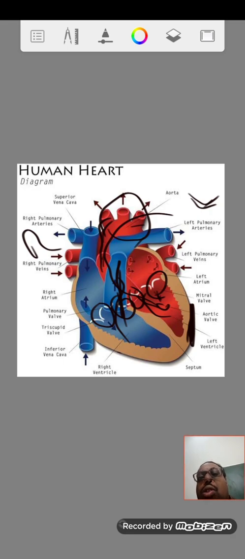One more thing I forgot. Whenever the blood is coming to the right part, that is the right atrium side, the blood is not coming in a single way.